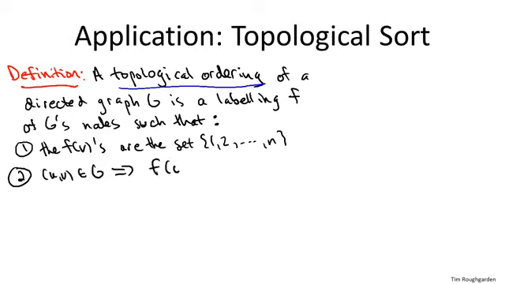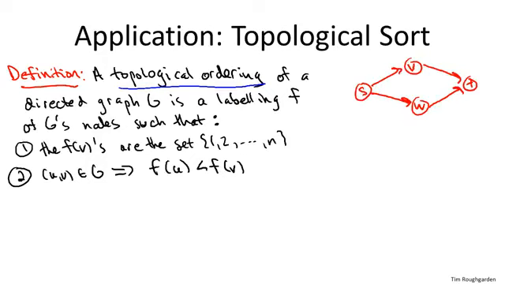Let me give you an example just to make this more clear. So suppose we have this very simple directed graph with 4 vertices. Let me show you 2 different, totally legitimate topological orderings of this graph. So the first thing you could do is you could label S 1, V 2, W 3, and T 4.